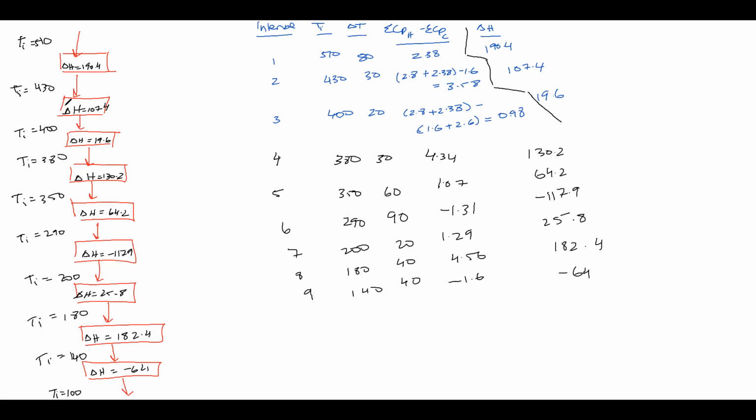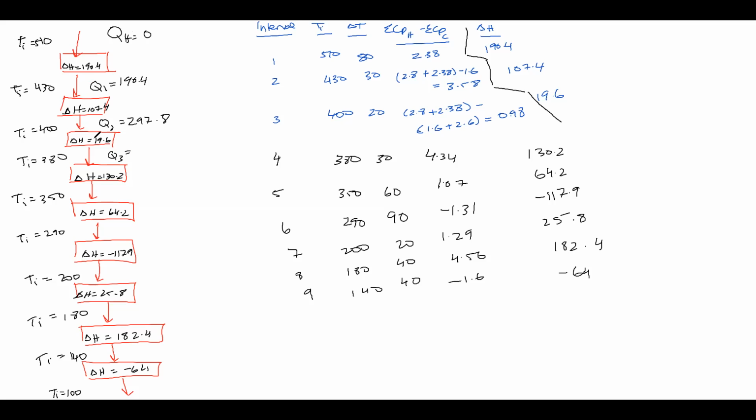Okay, anyways, so we added all this, and then we're going to calculate the Q's. So first of all, QH here at the top is going to be 0. I'm going to start calculating the Q at each interval. Q1 will be 0 plus 190.4, so it's equal to 190.4. Q2, 190.4 plus 107.4 will be 297.8.